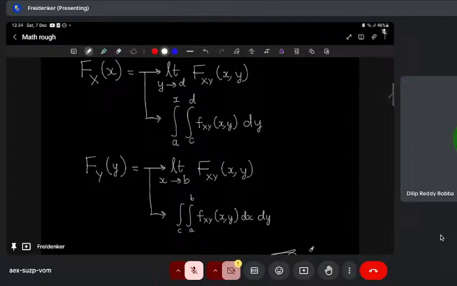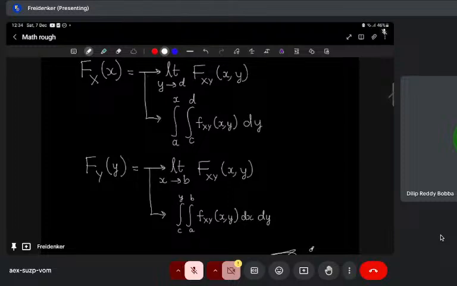So how do I find the marginal CDF of y? If I have the joint PDF, I integrate it with respect to x across the entire range of x. Then I integrate with respect to y from the least value to the current value, which is y. This will give me the marginal CDF of y.